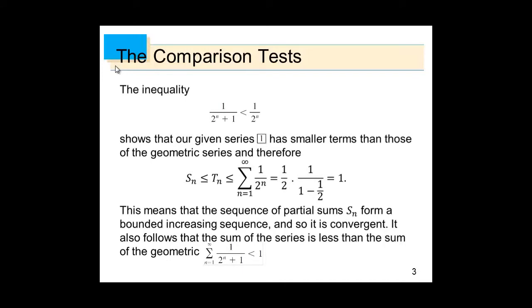You agree that 1 over 2 to the n plus 1 is smaller than 1 over 2 to the n? Why does that inequality hold? 1 over 2 to the n plus 1 is less than 1 over 2 to the n. Why does it hold?